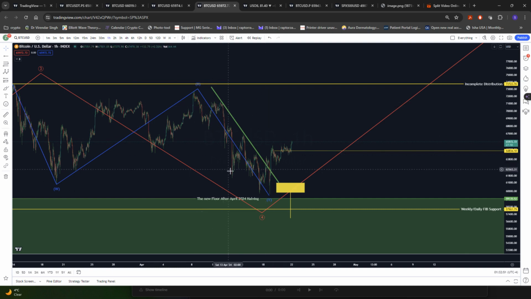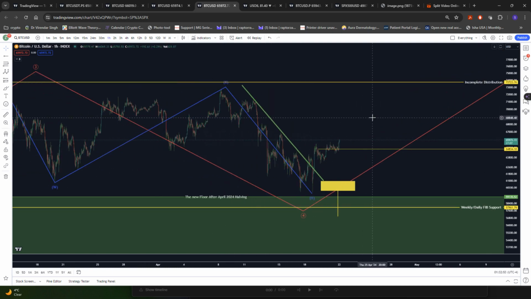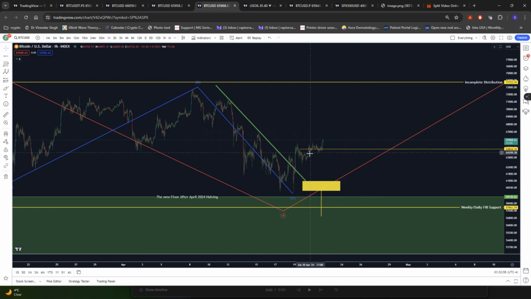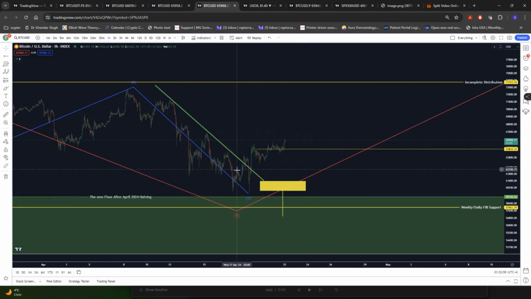So now you have to wait for a breakout of the parallel channel. That's what I saw here, breaking out here. These are like a 5-wave impulse on an hourly time frame: 1, 2, 3, 4, 5. And then this is a correction. People can debate that this went too deep, but this is Bitcoin we are talking about.